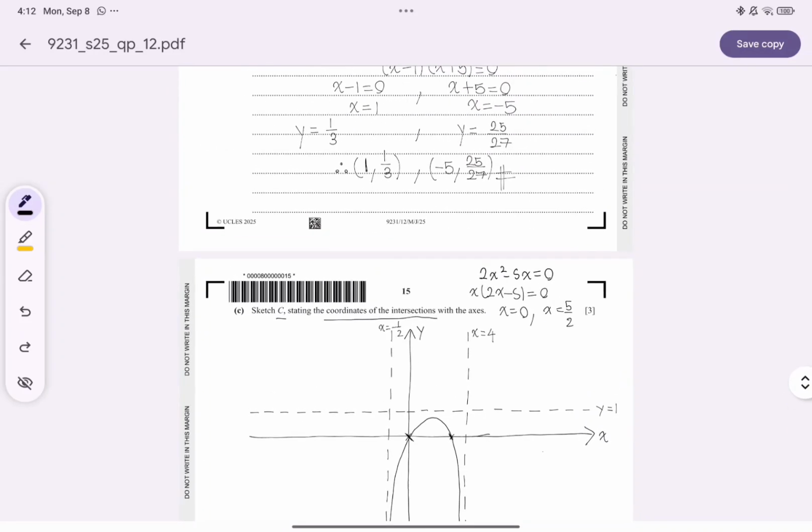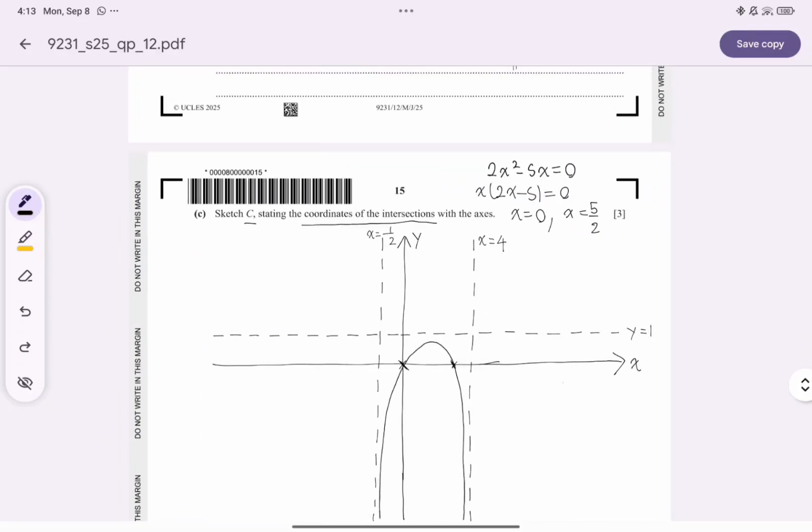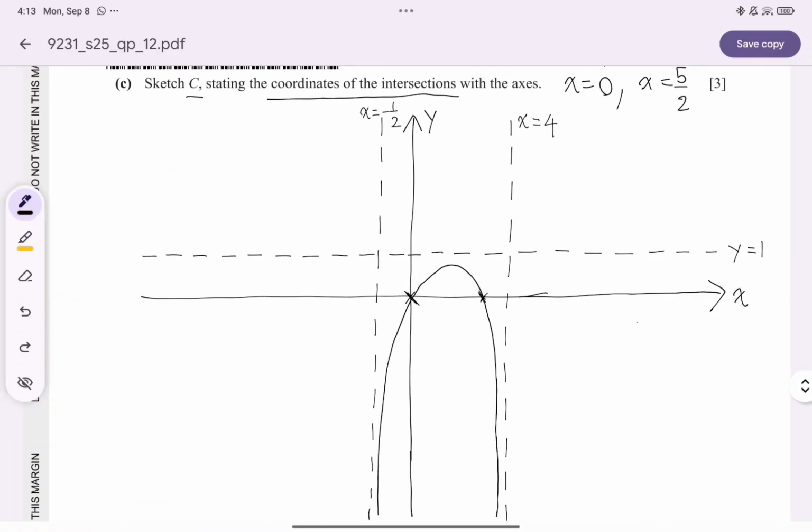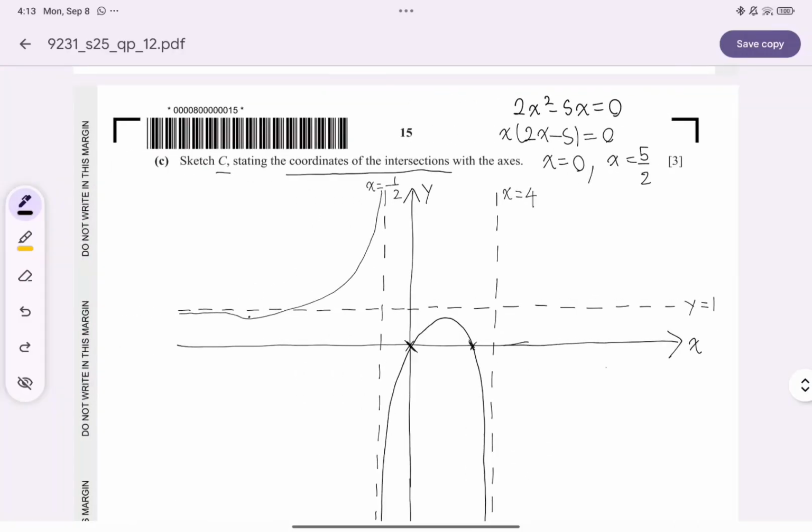And then the second stationary point is -5 and 25 over 27, which is right below y equals to 1. -5 is around here. So yeah, this is the other branch, and the other branch is here.